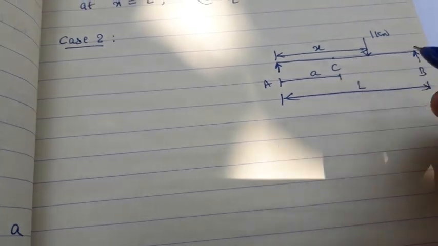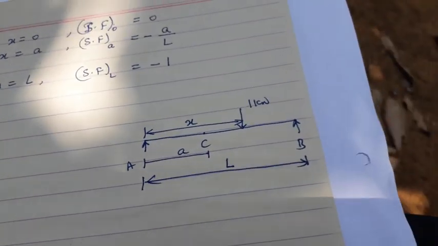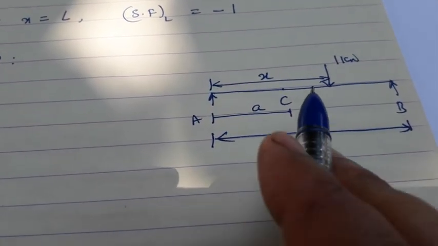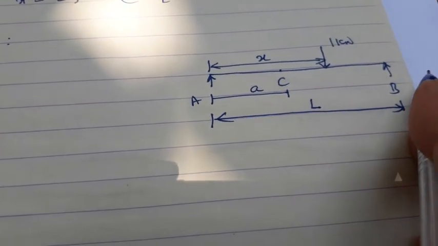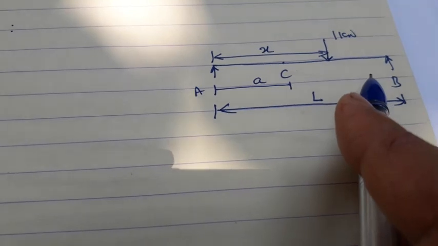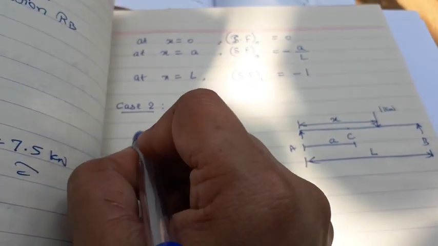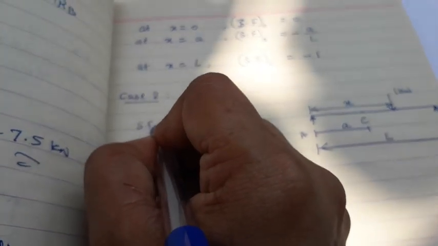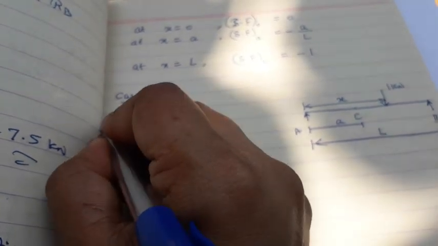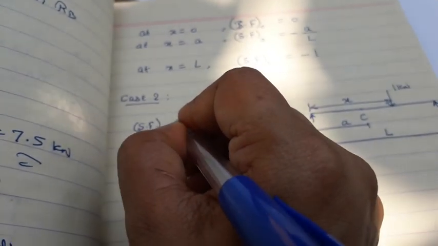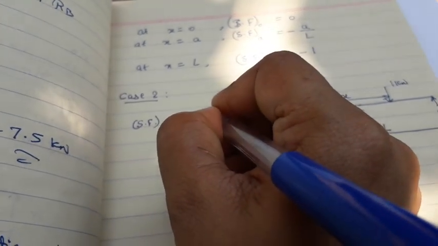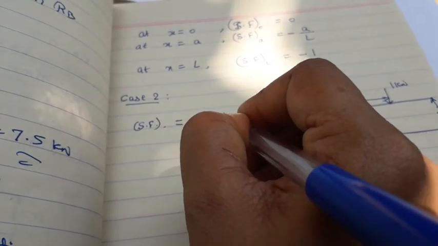So this is the condition where the 1 kilonewton load moves from AC portion to CB portion. When this is the condition, then the shear force is equal to (L minus x) by L.